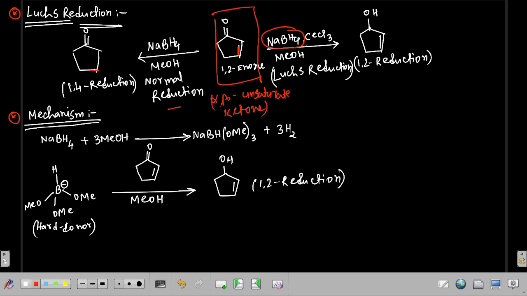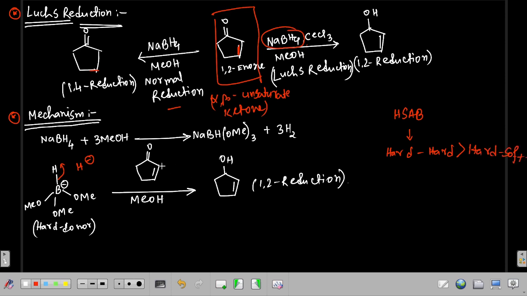This hard donor will donate one hydride ion, and in the HSAB principle, a hard-hard combination is more preferred than hard-soft.